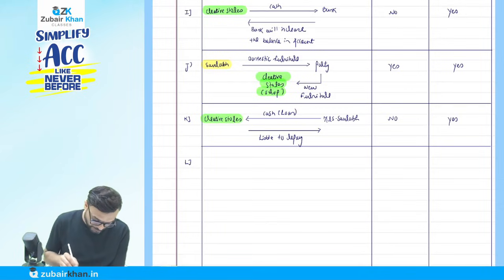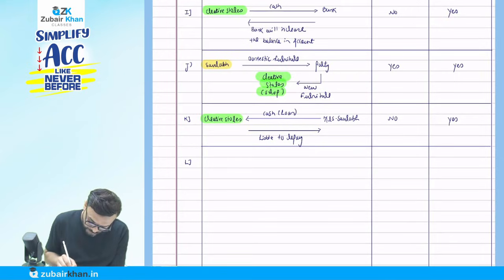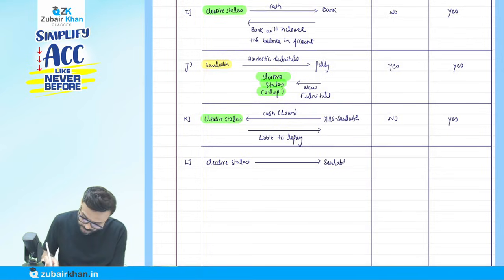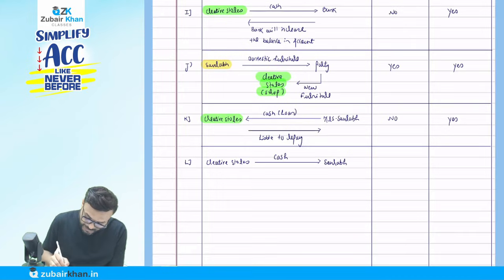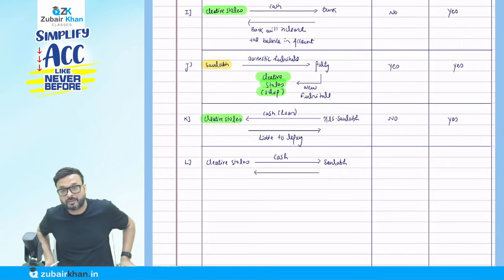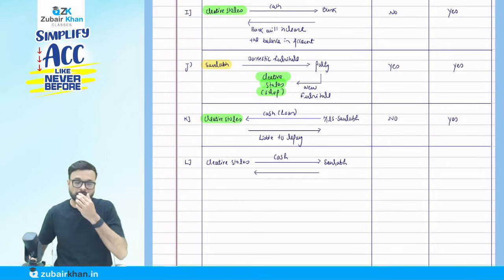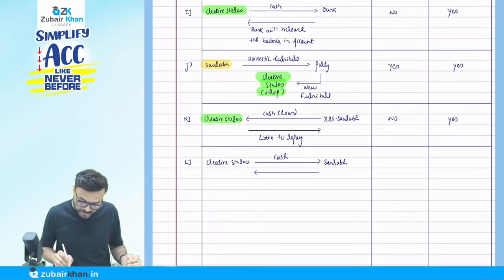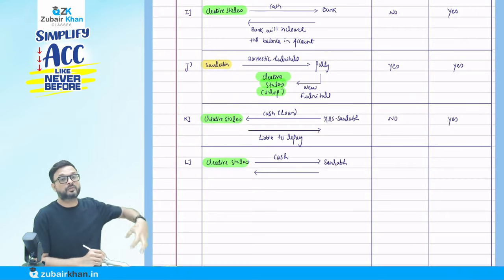So write down here: creative stores, from business, certain cash withdrawn by Saurabh. Think from the business point of view.